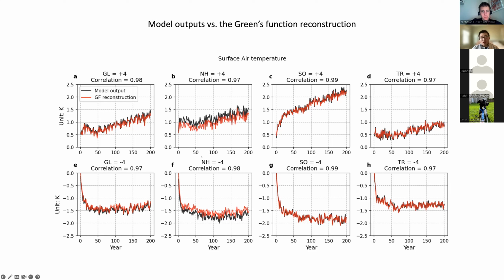As you can see across the experiments, the Green's function in general did a pretty good job in reproducing the model outputs. However, if you look at the Northern Hemisphere case, you do see more bias. One possible reason is that the Green's function does not account for the temperature change over land, which may lead to more biases for the Northern Hemisphere case.